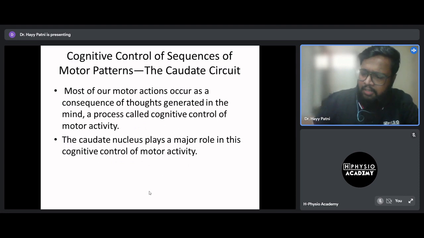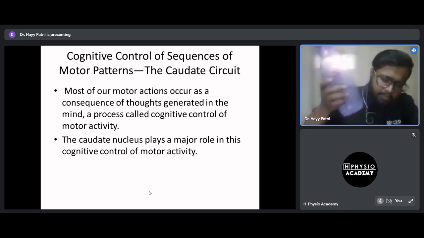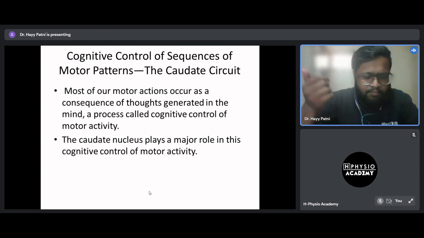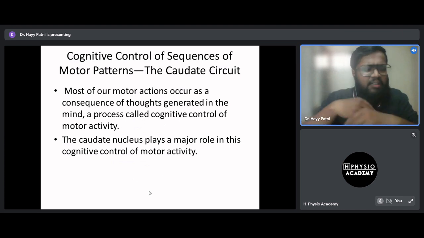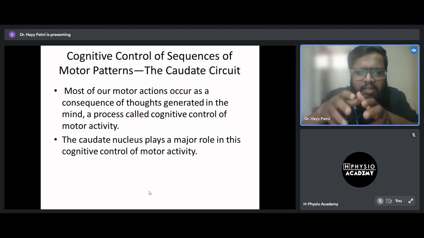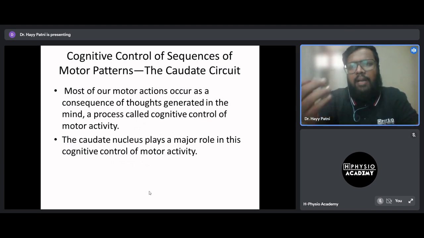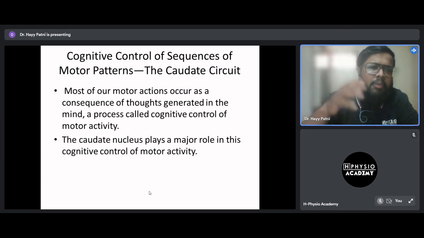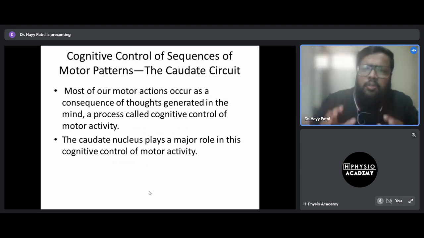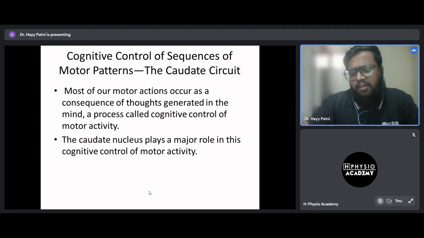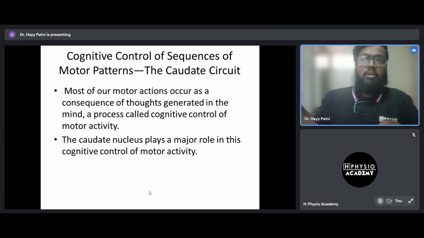Whenever we are trying to do any motor activity, such as picking up a bottle, sliding off your phone, texting, even the small thumb movements that we do, they are somehow planned and controlled cognitively. Minor sequence patterns such as texting, or larger activities such as walking, holding a bottle, drinking from a cup, any motor activity that you do, you have a certain kind of cognitive control. And that is basically processed, you can say modulated.